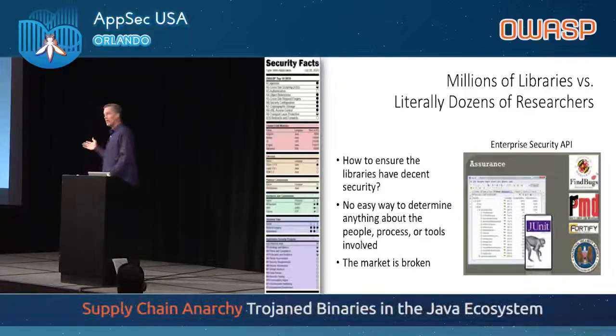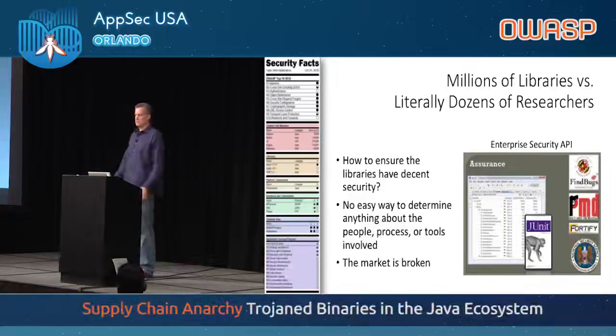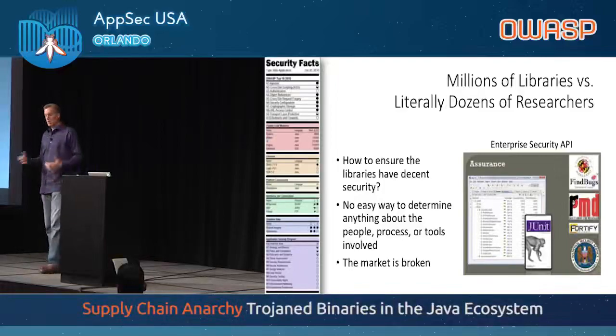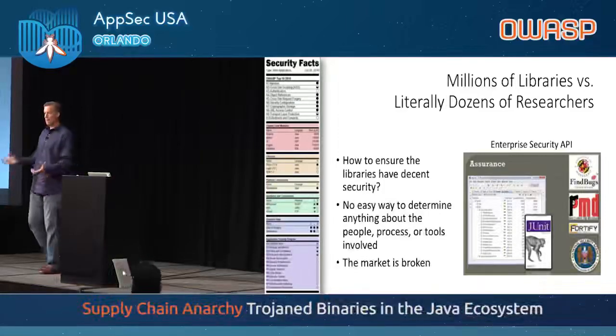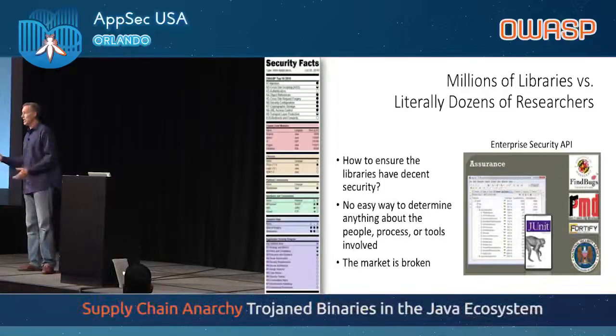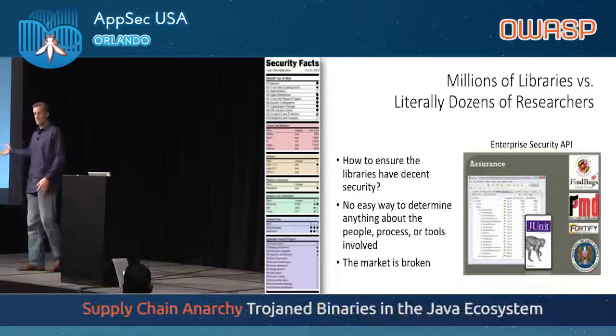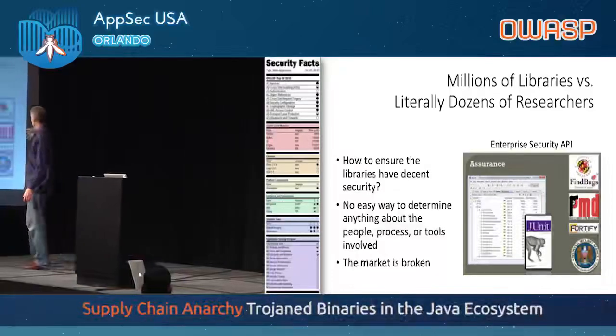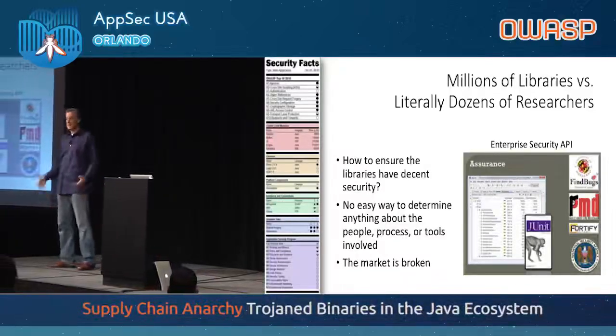So we need to be a little more careful, and there's no way to decide whether something's secure or not. When I worked on the ESAPI project at OWASP, we did some things to try to establish that assurance. We wrote a huge test suite. There are thousands of test cases that are part of ESAPI to prove their security. We ran tools on it like FindBugs and PMD and static analysis tools.